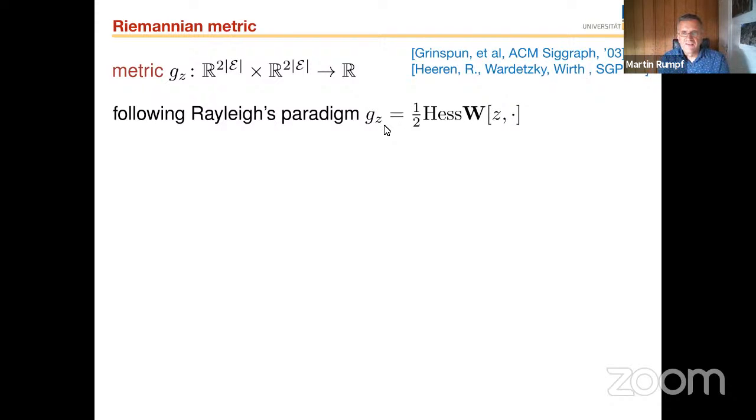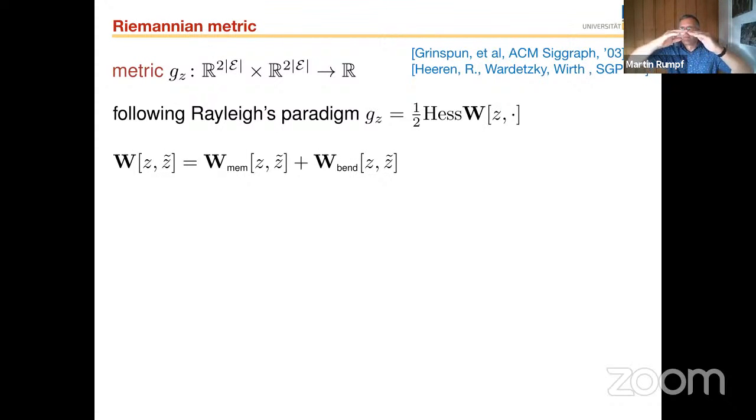So how to define this elastic energy? We consider our surfaces, our triangular meshes, as discrete shells. In the discrete shell context, it's quite widespread that there are two types of deformation energies. One is internal distortion in a tangent space. That is what is also called membrane distortion. And then there is external bending of the surface.